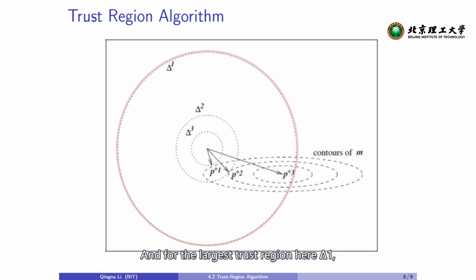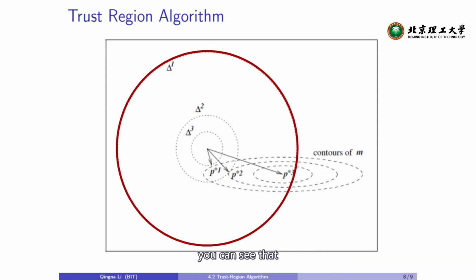And for the largest trust region here, delta 1, you can see that the minimizer of the model function, p star 3, is already included in this region, right? So we directly jump from the current iterate to p star 3. Then we get the minimizer of the model function.